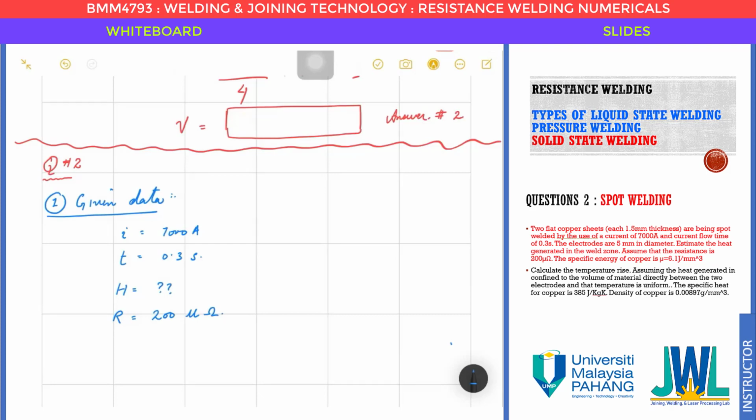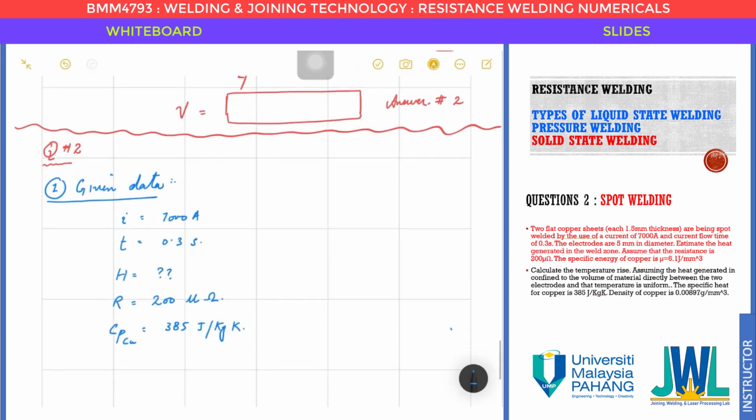Also given is the specific heat of copper. This is 385 joules per kilogram Kelvin. The specific energy required to melt copper is equal to 6.1 joules per millimeter cube.